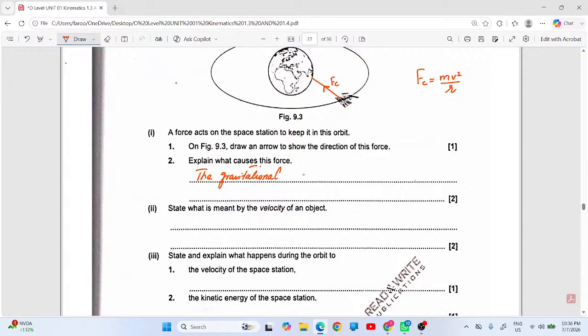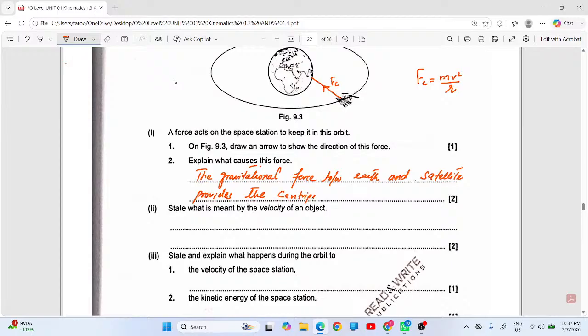The gravitational force between Earth and satellite provides the necessary centripetal force.